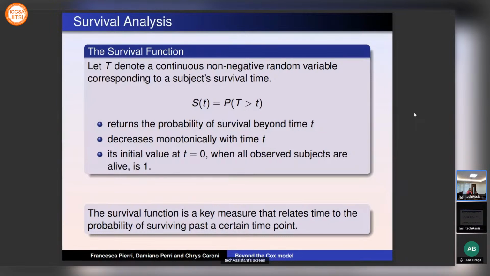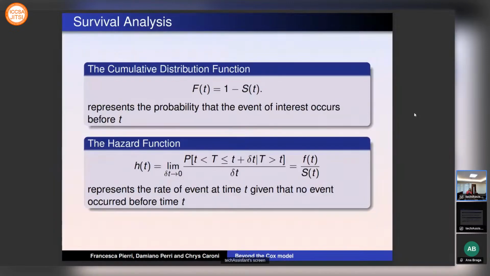The initial value at t equals 0 is obviously 1. F(t) is the cumulative distribution function that represents the probability that the event of interest occurs before t, and the hazard function represents the rate of the event at time t, given that no event occurred before time t.